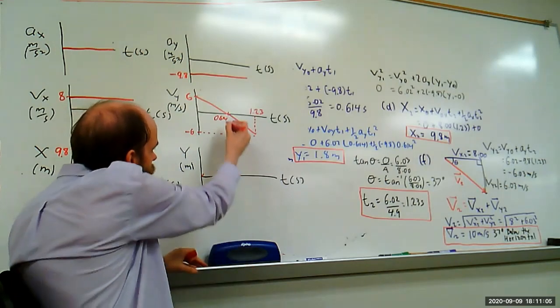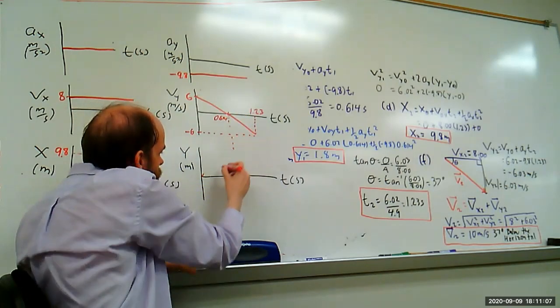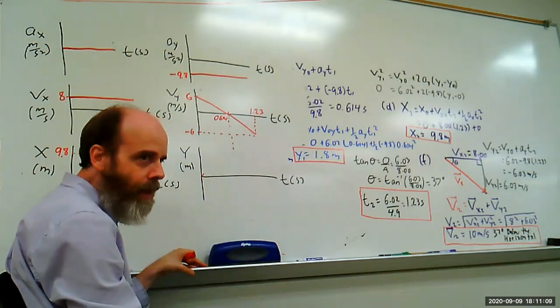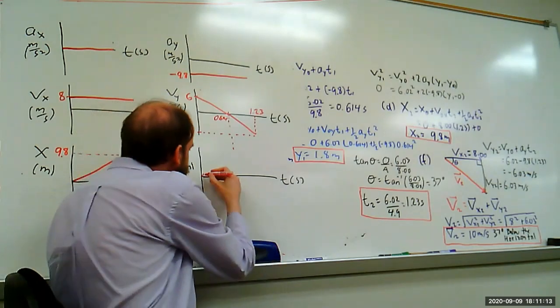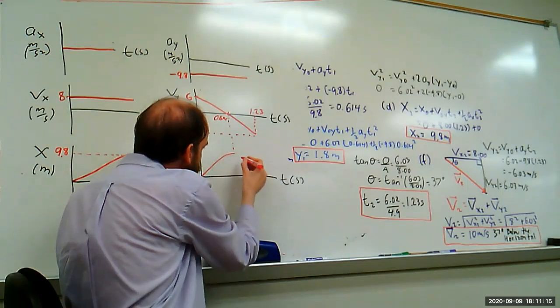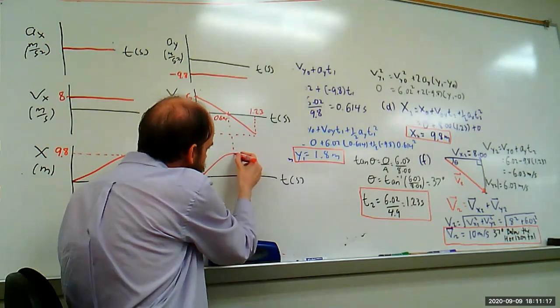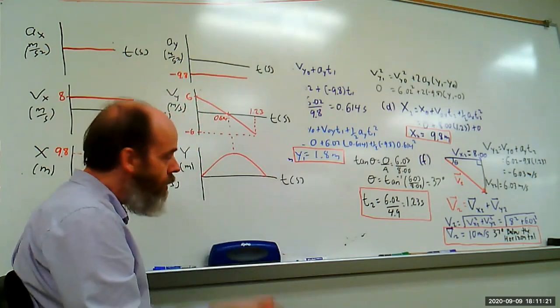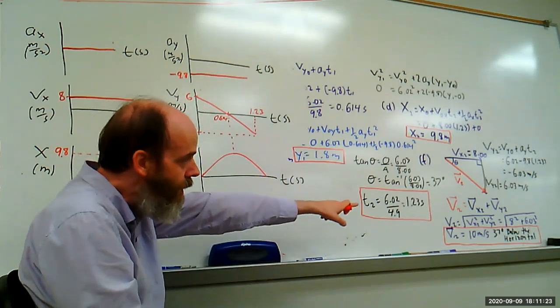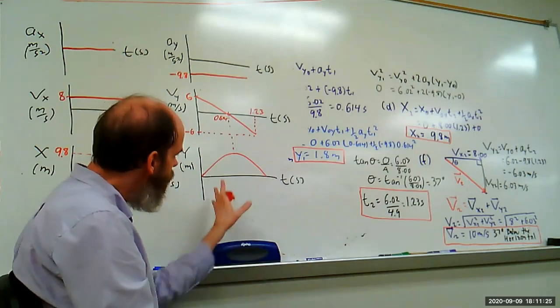And then when it gets to this point, 0.614 seconds, the slope is 0 because the velocity is 0. So it goes like this. 0 slope, then it becomes negative slope and goes back down to a negative 6 meters per second slope.